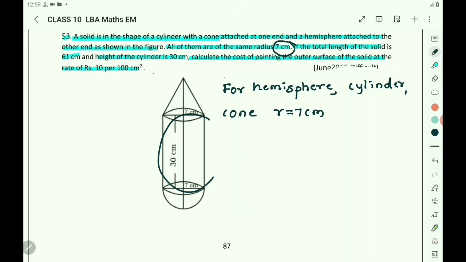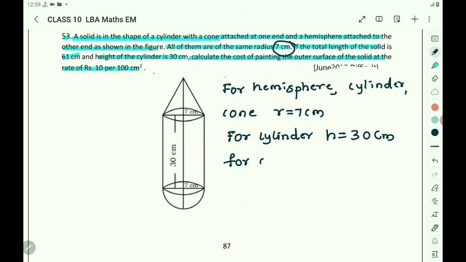For cylinder, height is given 30 centimeter and total height of the solid is given. Then you write for cylinder h equals 30 centimeter.